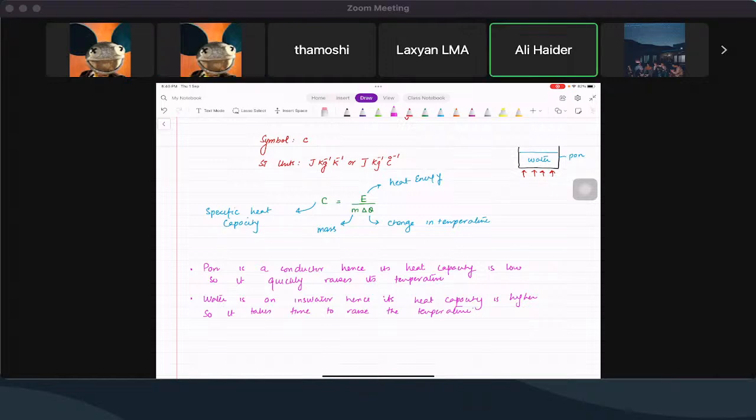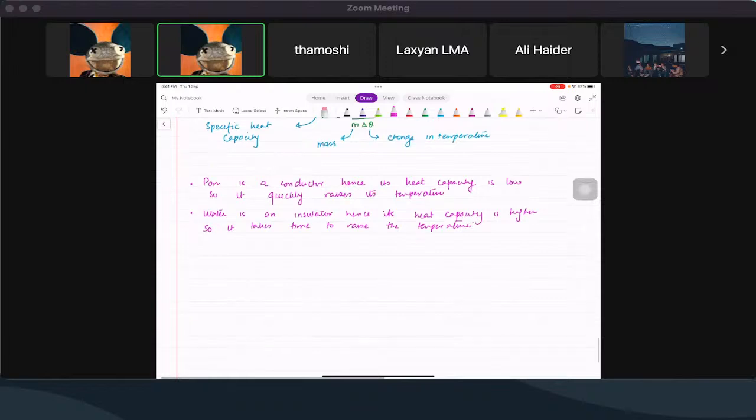Any questions here? Okay. Now you need to understand heat capacity, so let's do a question and see if you really understand this.